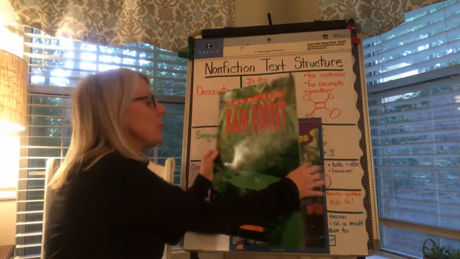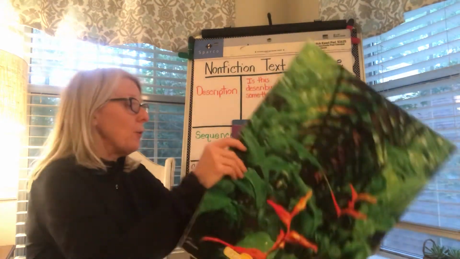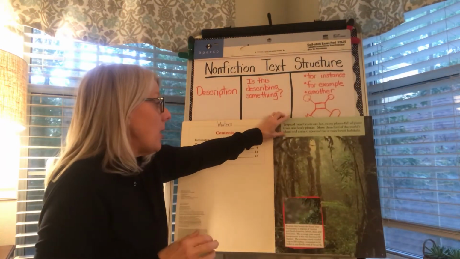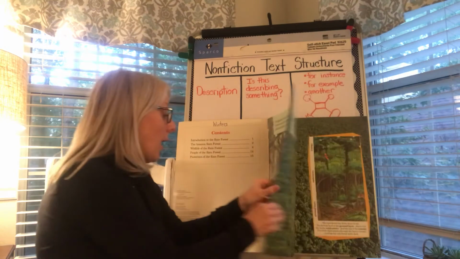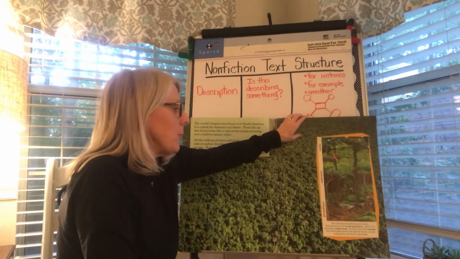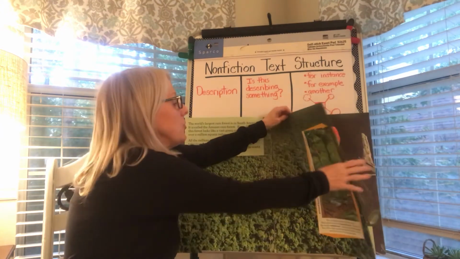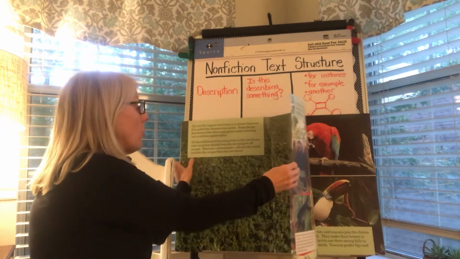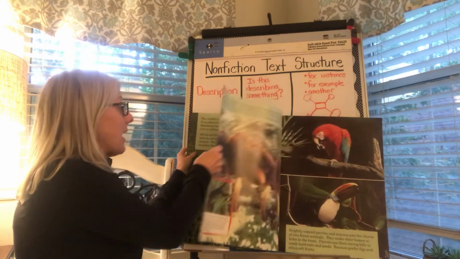Now, all the way through this book, I just want to walk through it with you so that you can see what I'm talking about. So they describe the rainforest all the way through. Lots of lovely pictures, but they're describing, so they're talking about the largest rainforest is in South America.